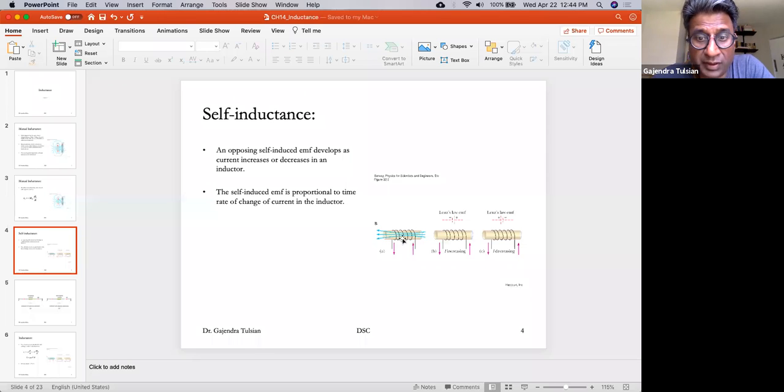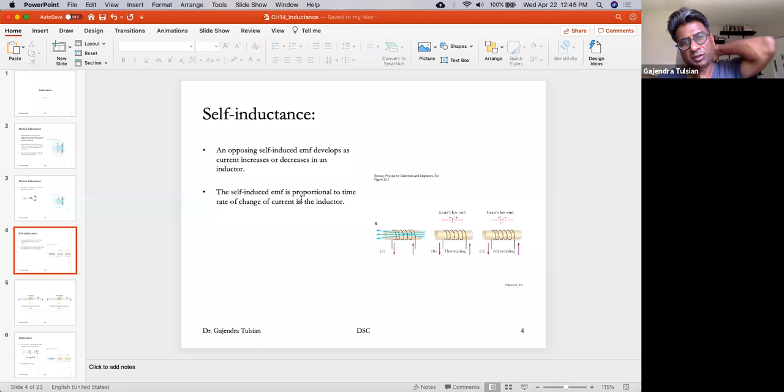So if you take this coil of wire and make it into a straight wire, its self-inductance will go to 0, meaning it cannot induce an EMF. The same wire, you just make it straight and it won't be able to do this anymore. So an opposing self-induced EMF develops as current increases or decreases in an inductor.